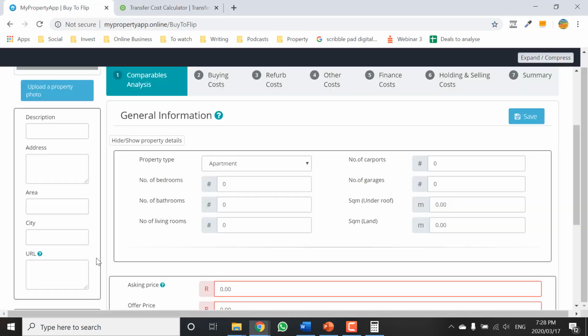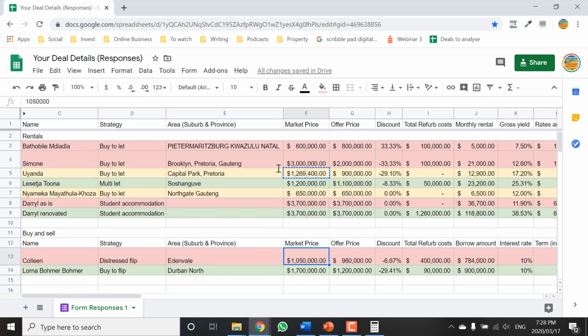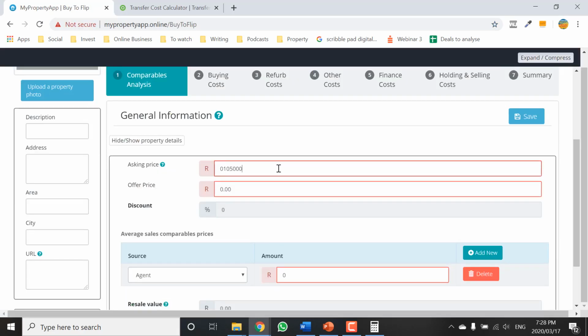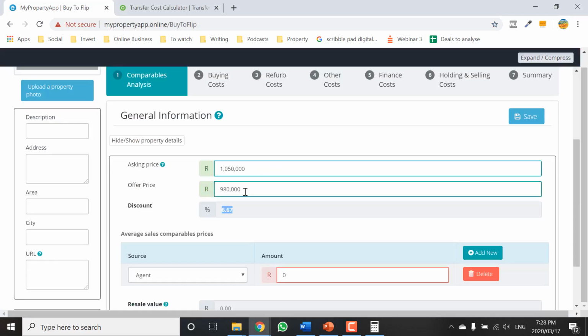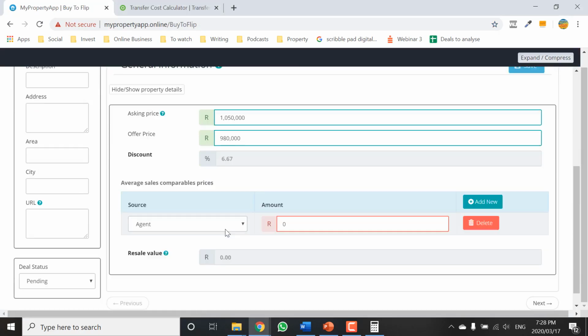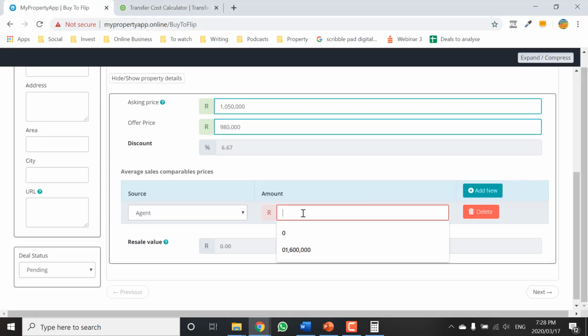The buy to flip calculator is slightly different to the buy to rent because this is where you're buying at a discount, you're renovating, and then you're selling for profit. So the asking price on this deal is 1050. Okay, and the offer price is 980, so she's asking for a 6-7% discount, which is fine.